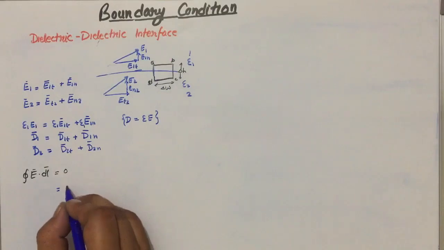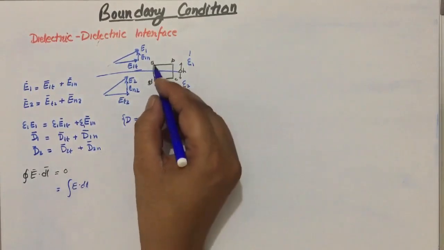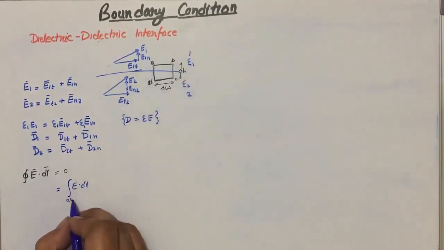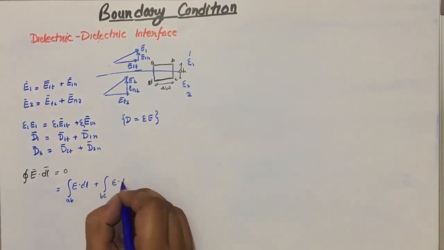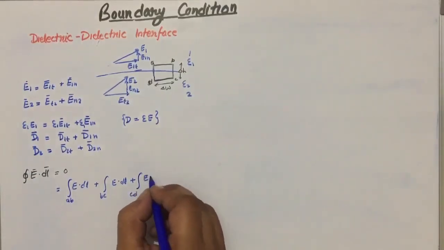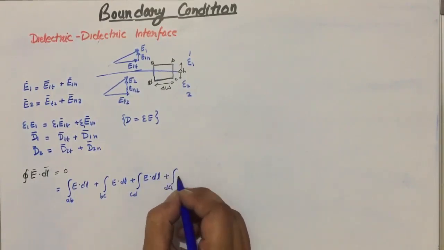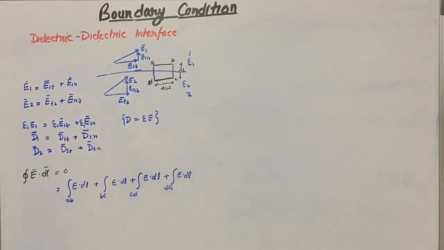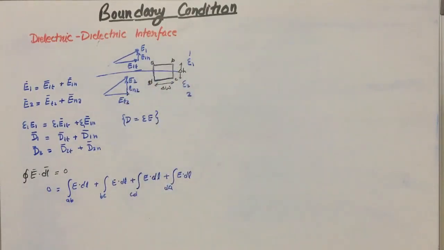So E dot dl when you are moving from A to B, E dot dl when you are moving from B to C, E dot dl when you are moving from C to D, and E dot dl when you are moving from D to A, and it must be equal to 0 because it is a closed loop, and we know that in a closed loop E dot dl is equal to 0. Already we have discussed this in detail.